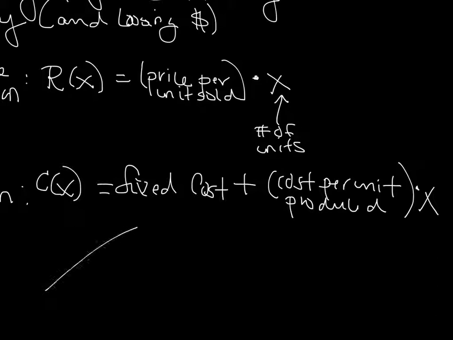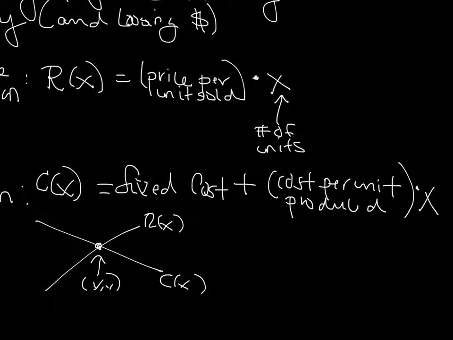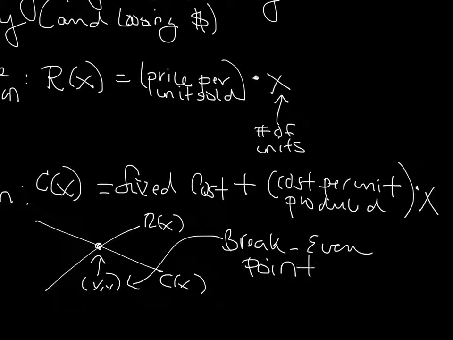So let's just say that's R of x and that's C of x. We've been finding these points of intersection, this x comma y. This is called the break-even point, and we'll talk a little more in depth about this.